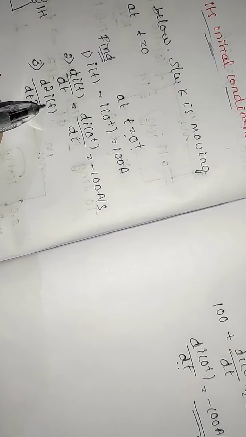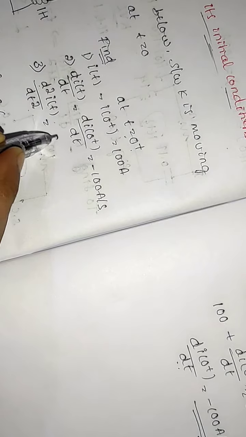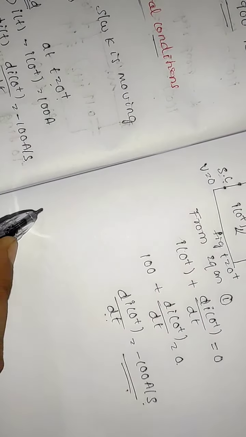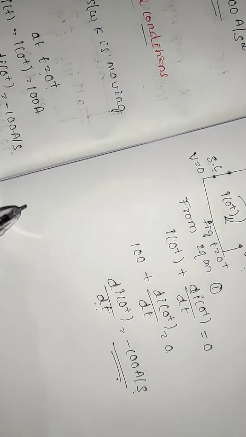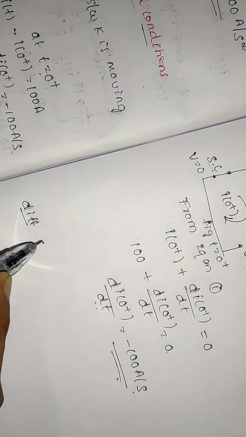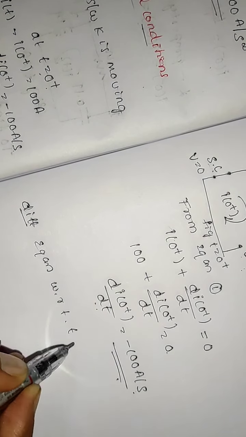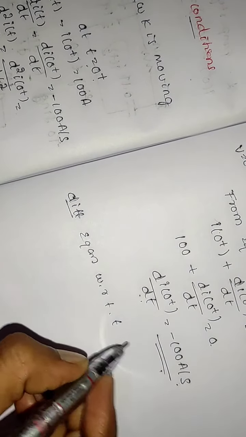Finally, what you have to find is d square I of t divided by dt square, that is d square I of 0 plus divided by dt square. Here we need to find this value from equation 1, so differentiating equation 1 with respect to t.